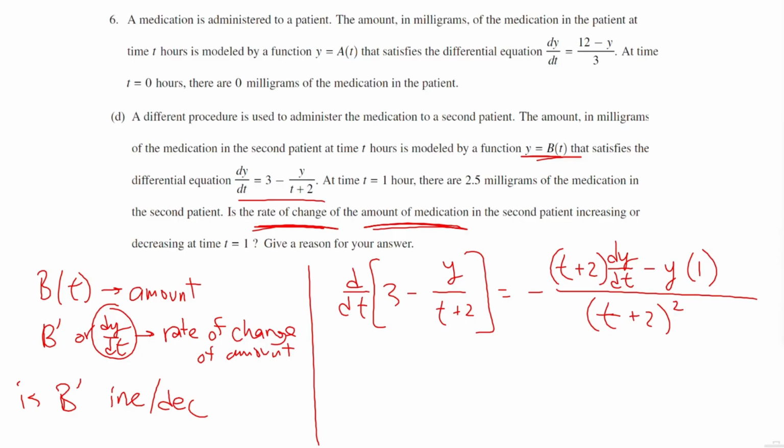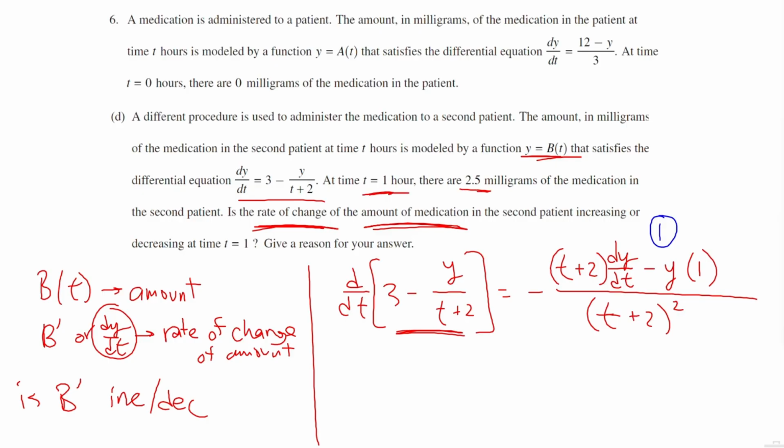So we're looking at this value here, negative of t plus 2 times dy dt minus y times 1 over t plus 2 squared. And they gave you 1 point here for correctly using the quotient rule. So there's 1 point. Now, it doesn't specifically say to write the second derivative in terms of y and t, but it might be useful for us to replace that dy dt with what dy dt is actually equal to, 3 minus y over t plus 2, or at least with the value, right?